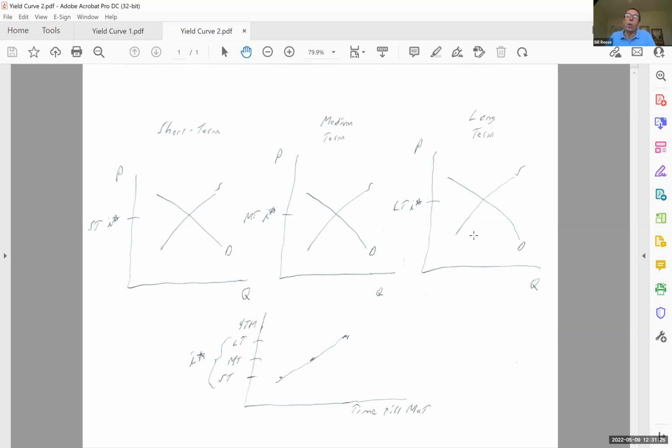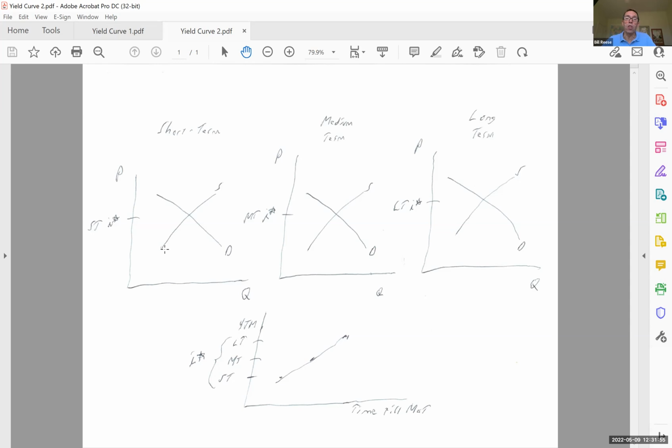Now, let's go back to one of your first economics classes where you learned about the laws of supply and demand. With supply and demand, you have price on your vertical axis and quantity on the horizontal axis. The demand curve is downward sloping: when you have a lower price, you have a higher quantity demanded, and when you have a higher price, you have a lower quantity demanded.